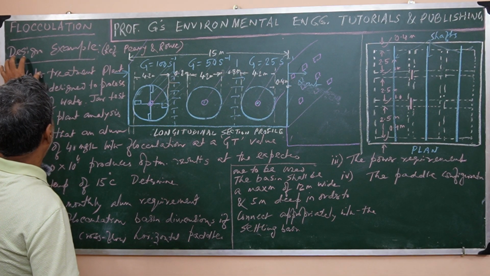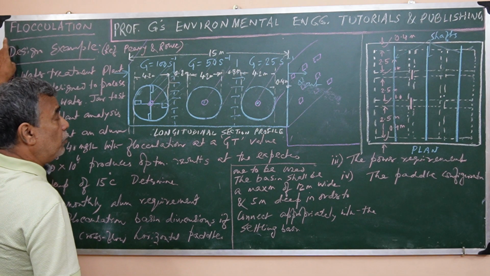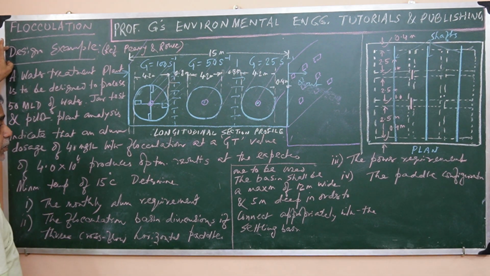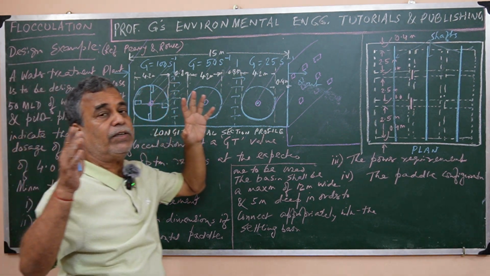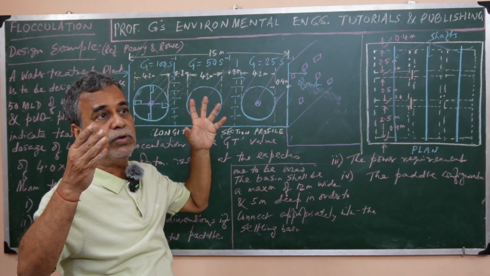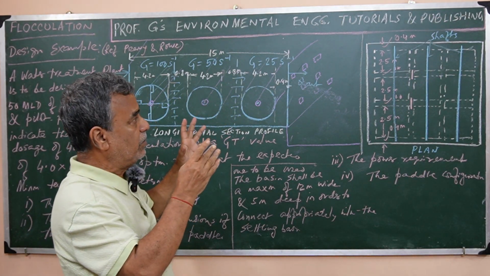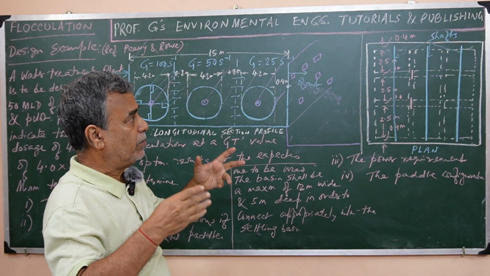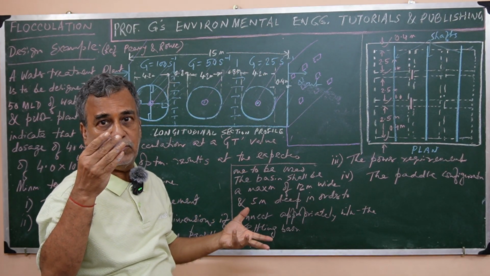I have not written short, but here it will be a short example, because elaborate examples need very thorough details of the drawing, which are beyond the scope at undergraduate level.